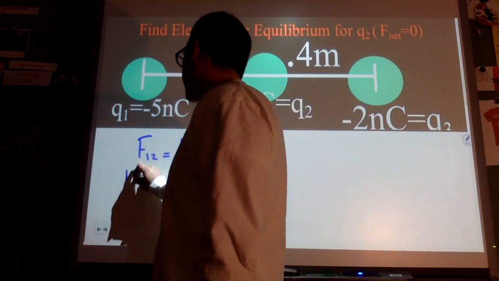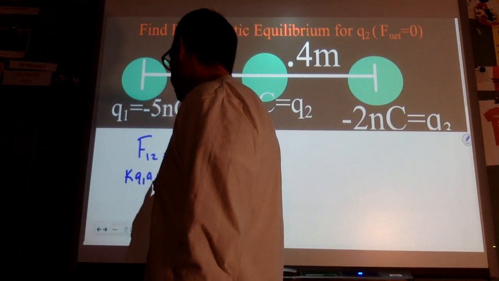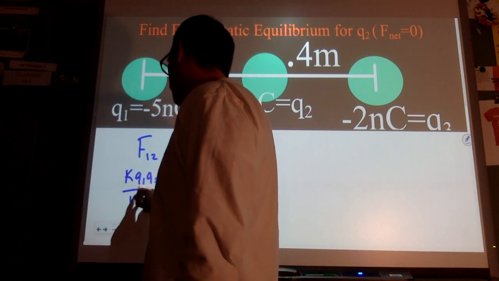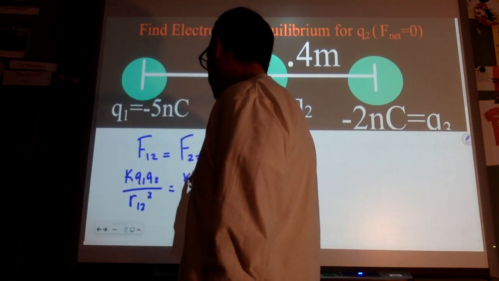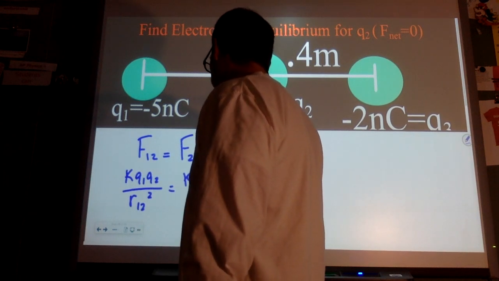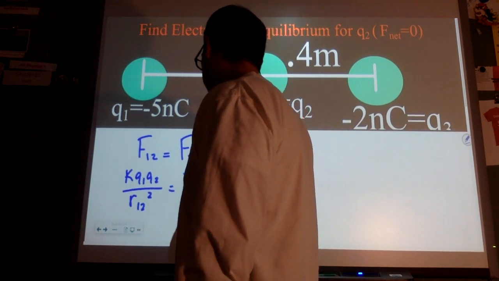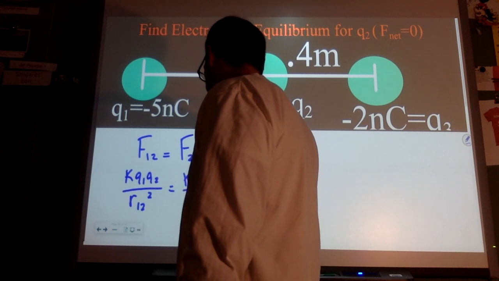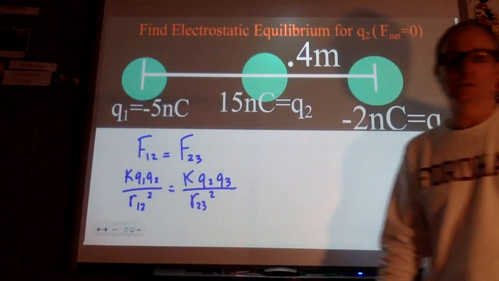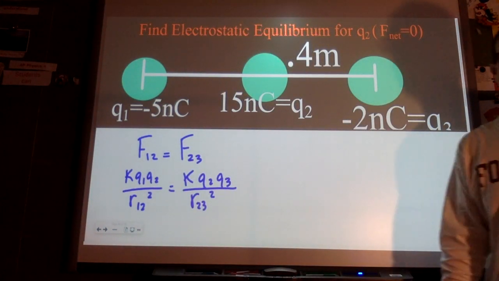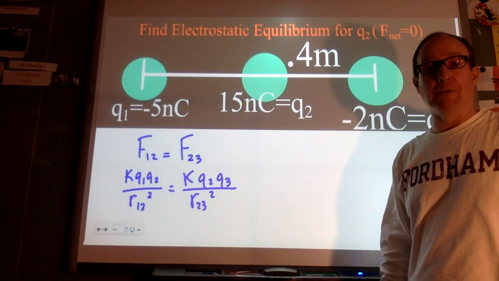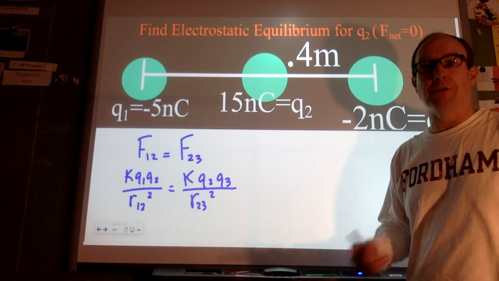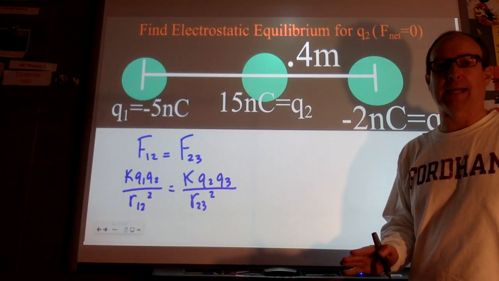And so I would say that k Q1 Q2 over R12 squared is equal to k Q2 Q3 over R23 squared. I just numbered the charges based on how they were in the diagram, and I numbered the distances, which I don't know, but I know the total distance is 0.4, which I'll get to in a second.